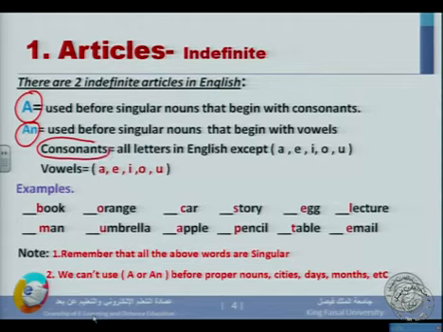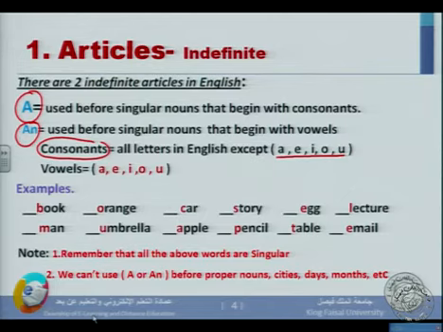Consonant اللي هي الحروف الساكنة, كل حروف اللغة الإنجليزية ما عدا A, E, I, O, U, هذه ما نسميها vowels, حروف العلة.